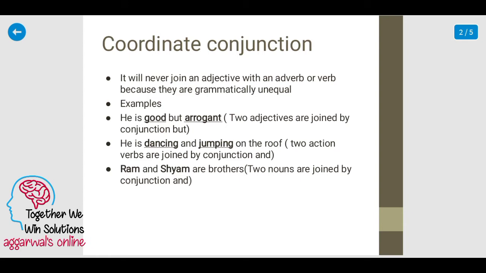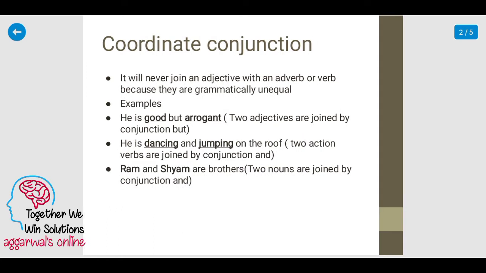Similarly, a coordinate conjunction cannot join an adverb with a verb. Why? Because a verb has a different function and an adverb has a different function. It will always join an adjective with another adjective, an adverb with another adverb, a verb with another verb.